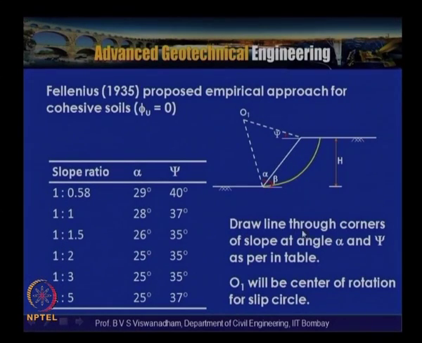So, draw lines through the corners of the slope at angles alpha and psi as per the table, and O1 will be the center of rotation. This is one of the conventional methods.